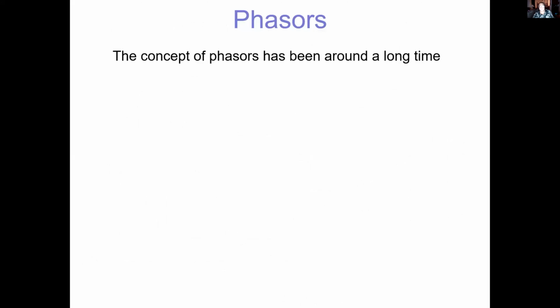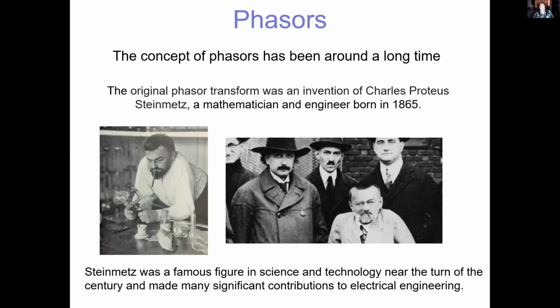Actually, the concept of phasors has been around for a long time. The original phasor transform was an invention of Charles Steinmetz, a mathematician and engineer born in 1865. In the last part of the 1800s, he was a famous figure in science and technology, made significant contributions to electrical engineering, and knew many of the other big scientists.